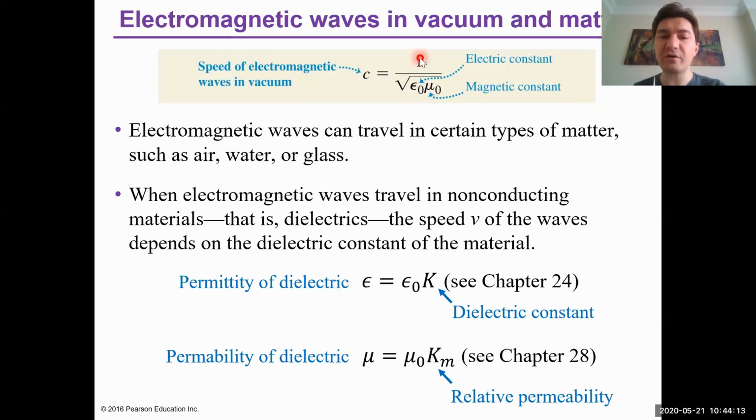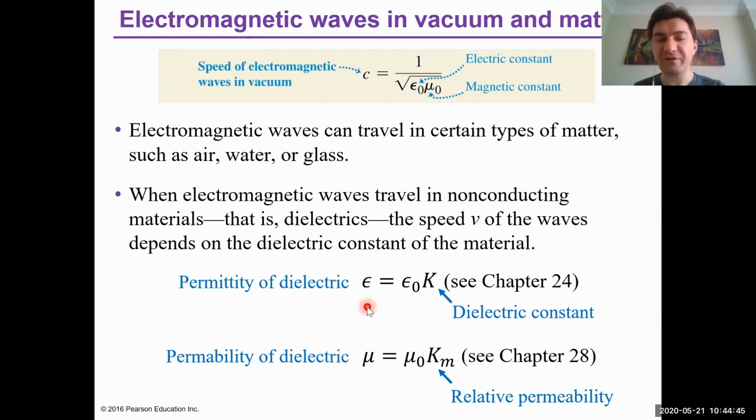Instead of mu 0, we should use this one. These are the permittivity and permeability of the material, okay?